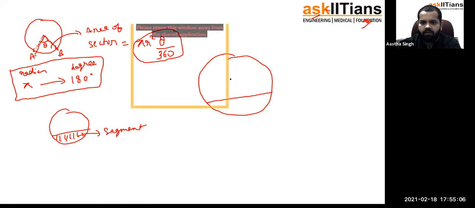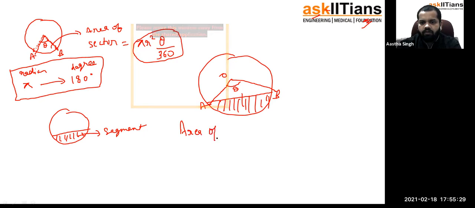If this is a segment, and suppose this segment makes an angle of theta. Suppose the segment is A and B, AB is a chord, O is the center. This is your segment area. What will be the area of segment?